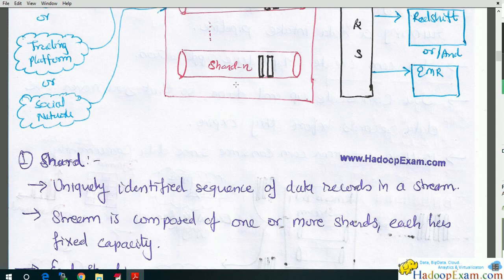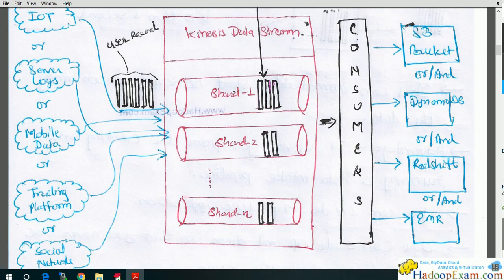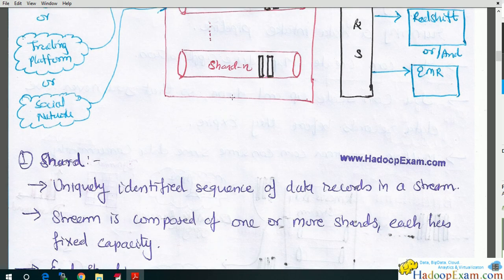A stream is composed of one or more shards, and each has a fixed capacity. So if you want more capacity in the streaming, you need to think of increasing the shards. This is a very simple concept.